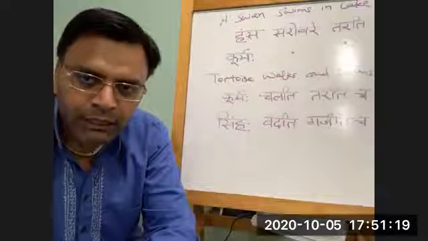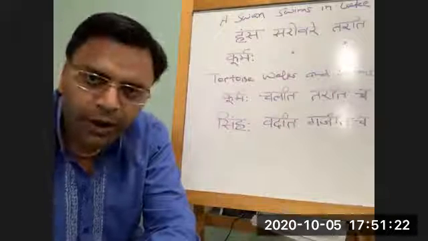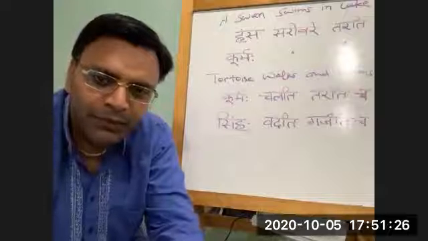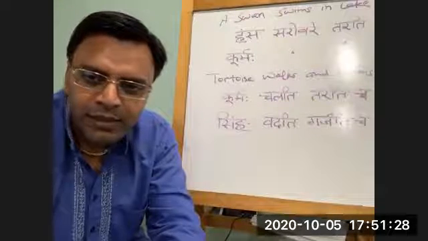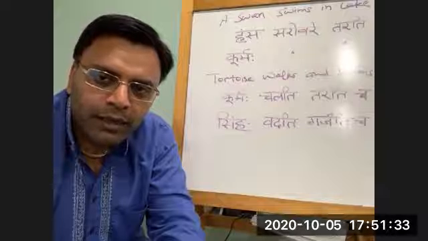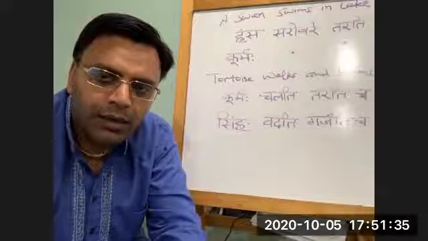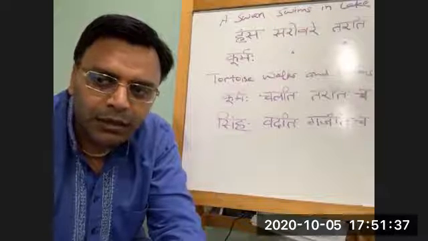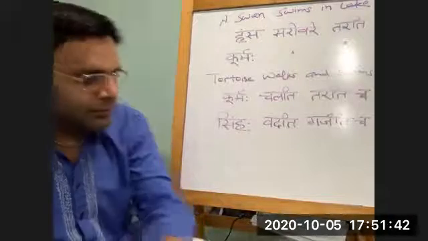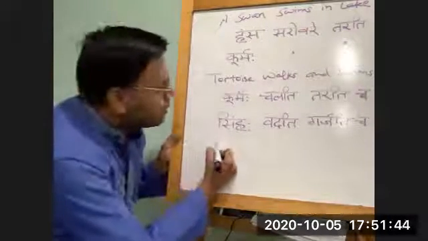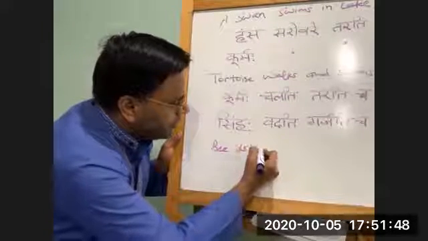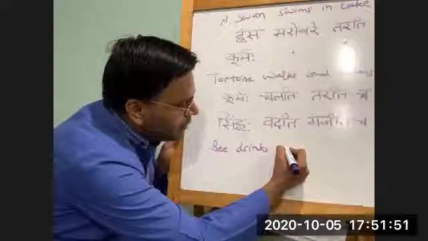Okay, can I give you one or two sentences to try on your own, and you can do some search to find out if you can find. So let's say if you want to say the bee drinks nectar from flowers. So bee drinks nectar.